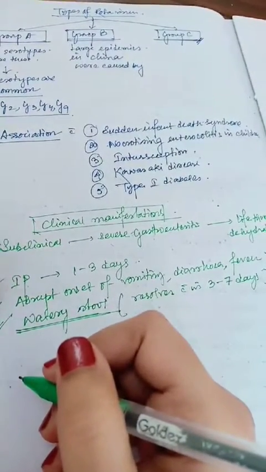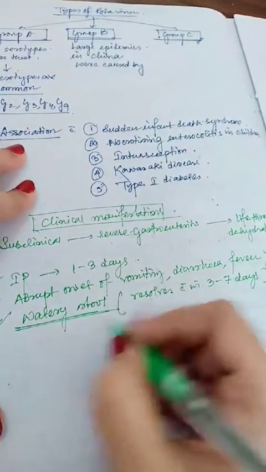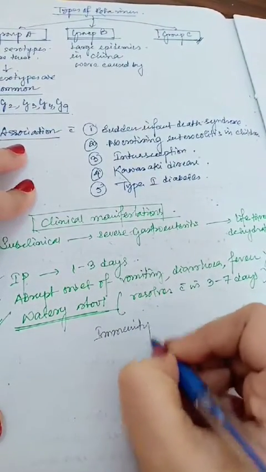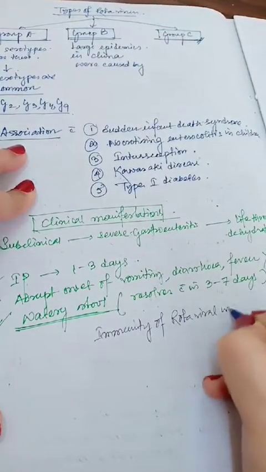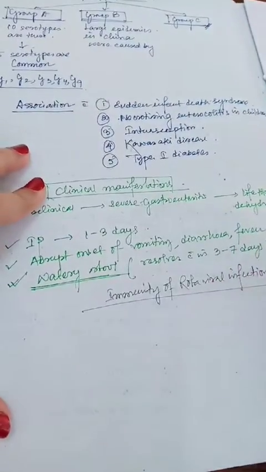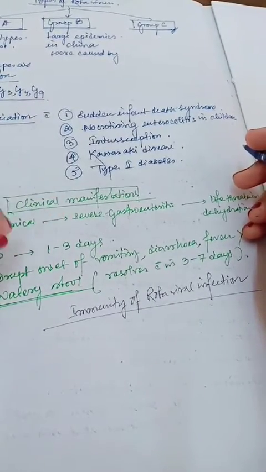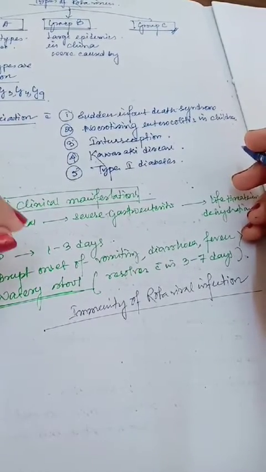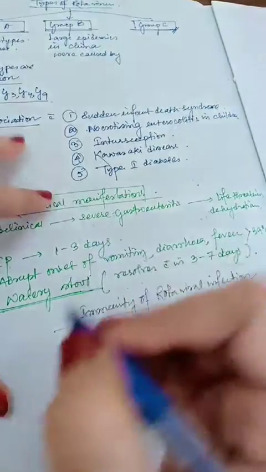Now coming to the immunity of rotaviral infection. The basic thing we have to know now: rotavirus infects and destroys mature enterocytes in the villus epithelium of the proximal small intestine. So some important things are there.